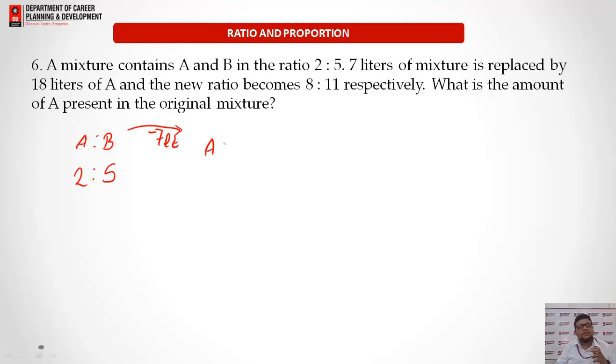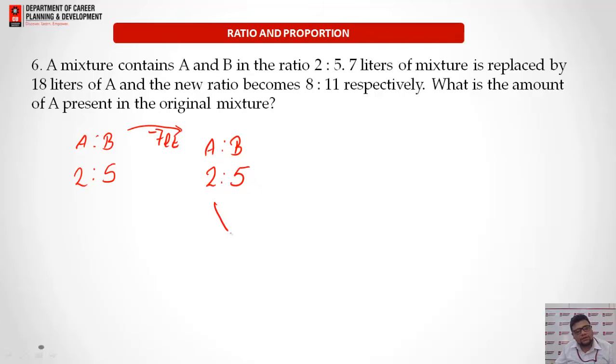Firstly we must remember, if we withdraw any mixture, then the ratio of A is to B in the remaining mixture will remain the same, unless and until we replace it by something else. So the ratio of A is to B after removing the 7 liter will remain the same as 2 is to 5.